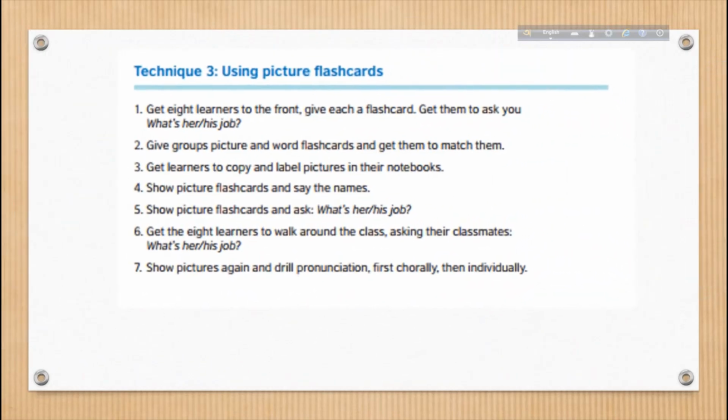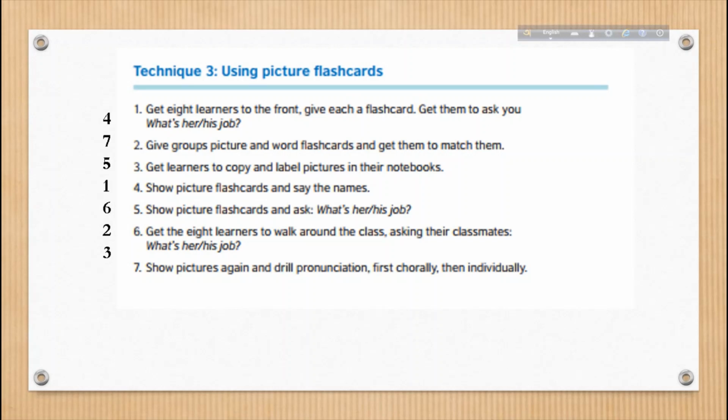And this is technique 3, using picture flashcards. Here are also some statements, 1, 2, 3, 4, 5, 6 and 7, and we also rearrange them. It will start from 4, show the picture flashcard and say the name.